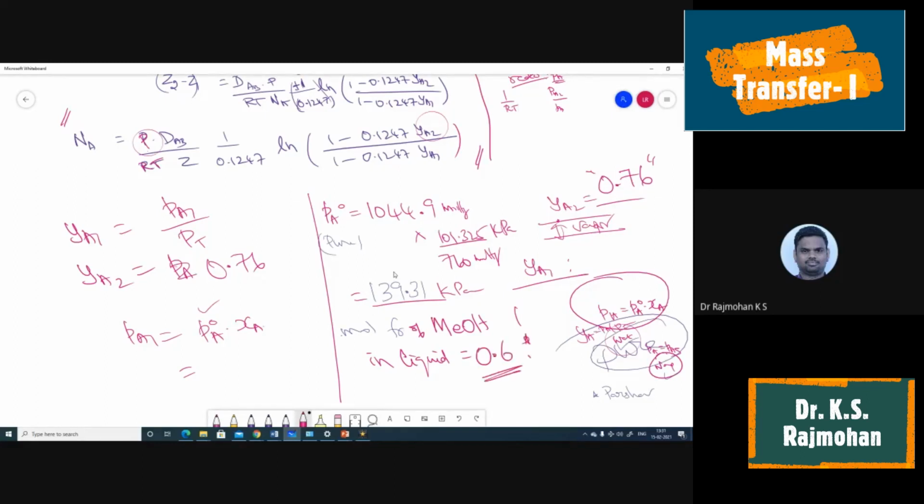Here you have to make use of that, because so far we did two problems, naphthalene ball and water evaporation into air. There we took PA0 directly, because it is pure and mole fraction is 1, but here in this liquid the mole fraction is 0.6. So you will get PA1 value as 139.31 kilopascal into 0.6. Got it? So this much kilopascal is your PA1 value.